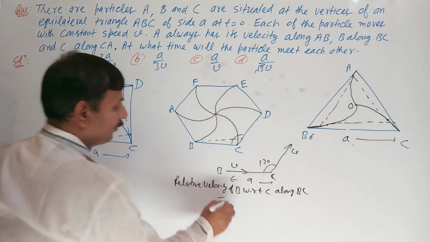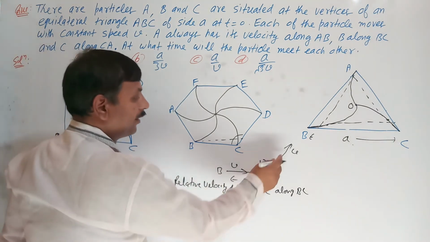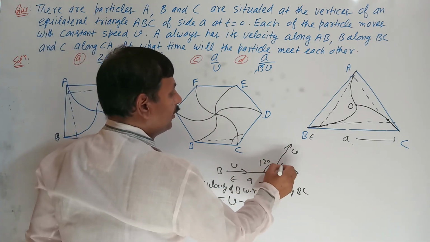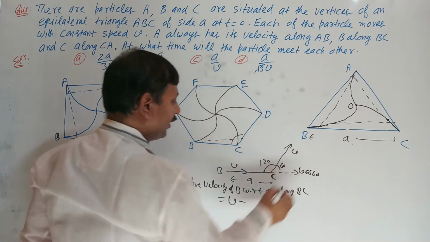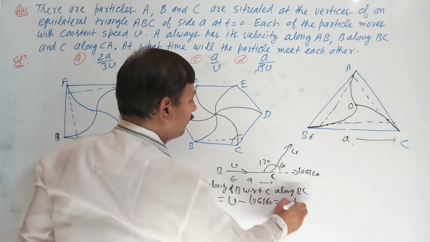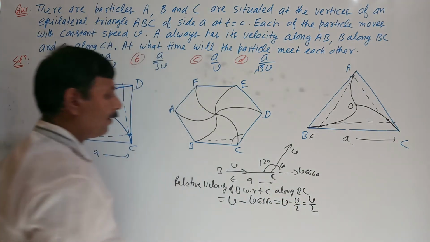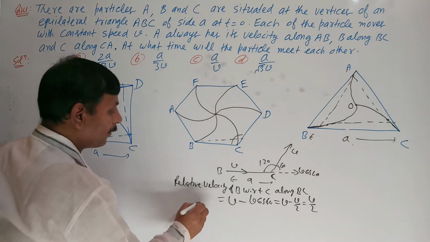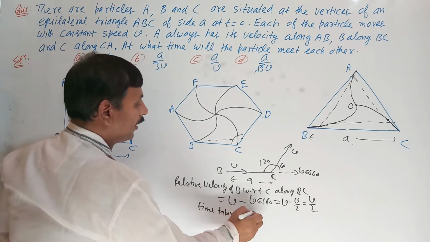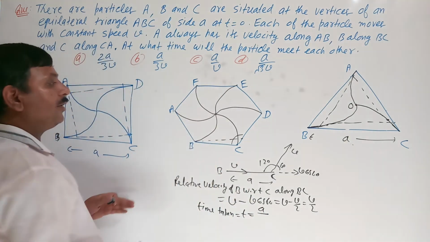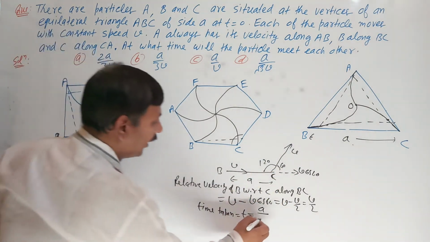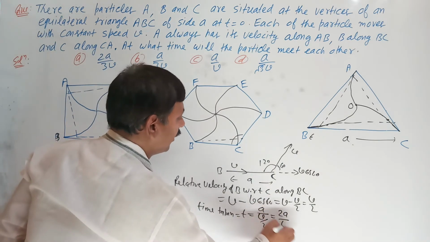You can see that will be V minus C here. This has 2 components along BC, so this component will be V cos 60. Here V minus V cos 60. So it will come V minus V by 2, that is V upon 2. What will be the time taken in this question? T will be the relative distance between B and C over the relative velocity, A upon V upon 2, that is 2A upon V.